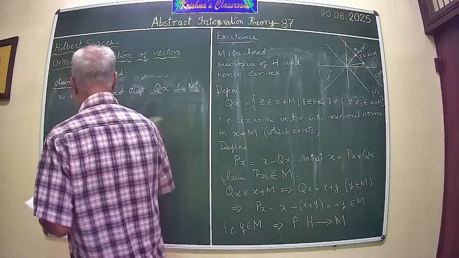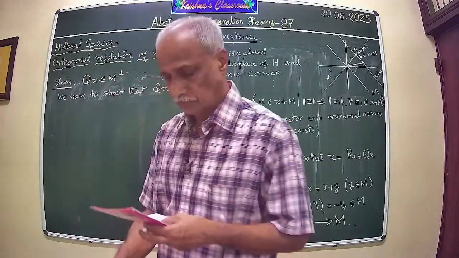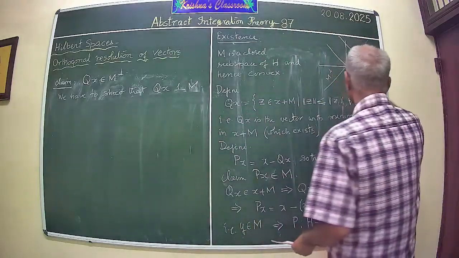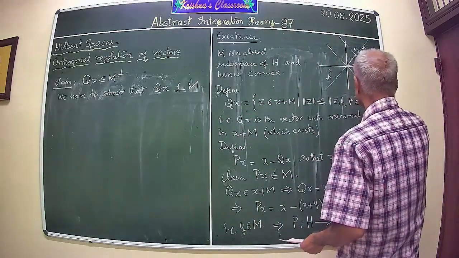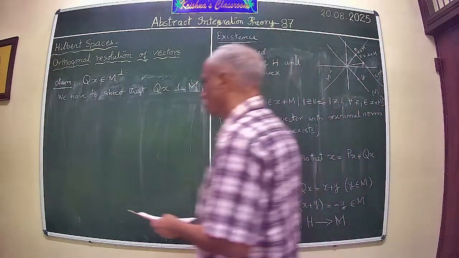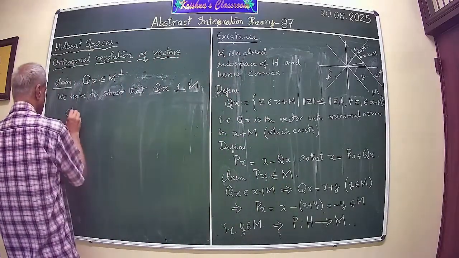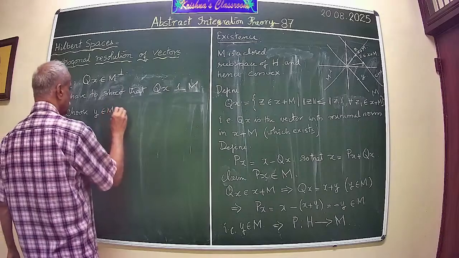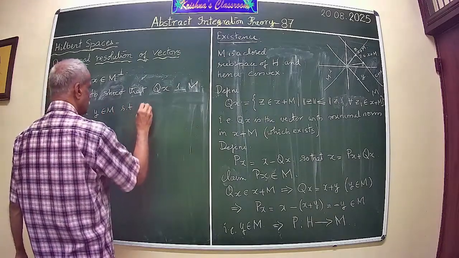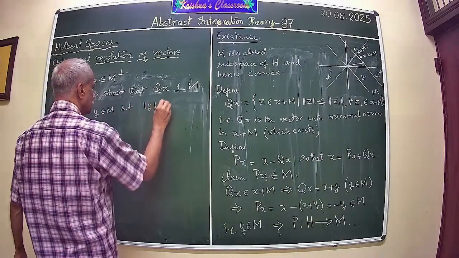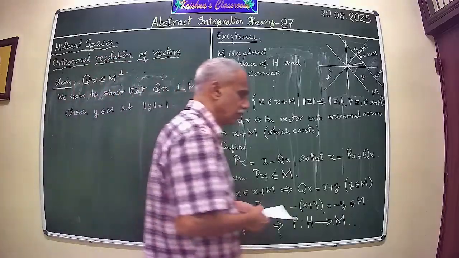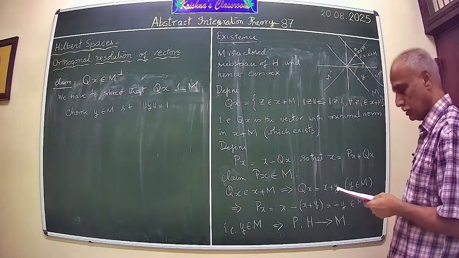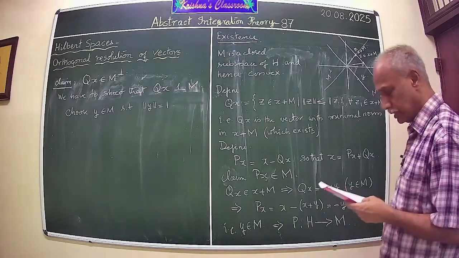Let me prove this. So we choose some y belonging to M with norm of y equal to 1. Okay. So that we have such an element there.